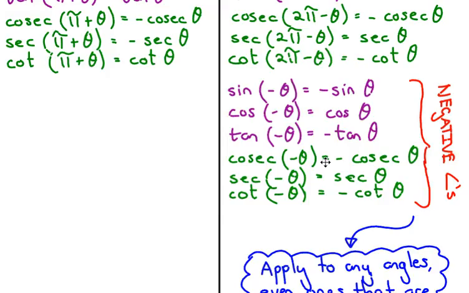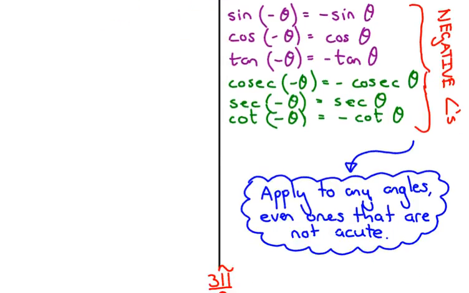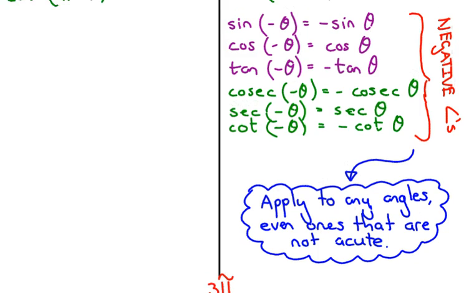Same goes for the rest of our trig ratios. But just bear in mind that these rules for the negative angles can apply to any angle, not necessarily just an acute angle. The rules still apply regardless of what quadrant you're working in. And that's quite important to remember when you're simplifying. It helps you a lot.